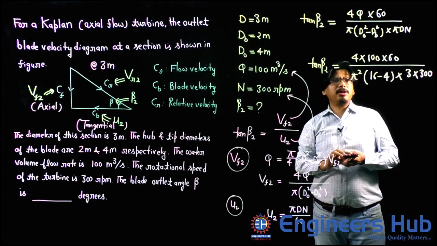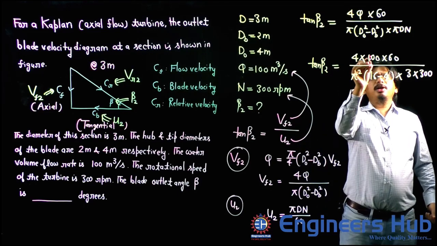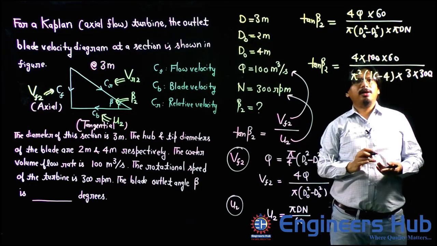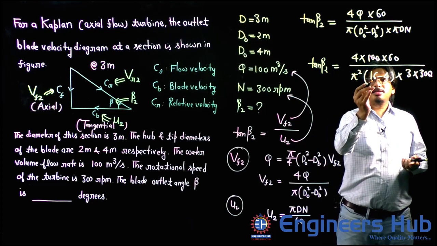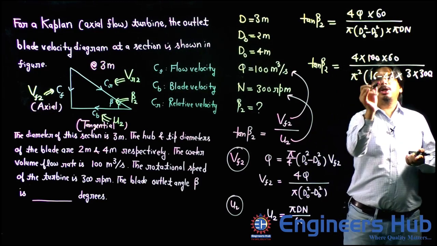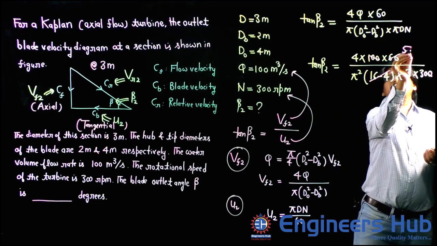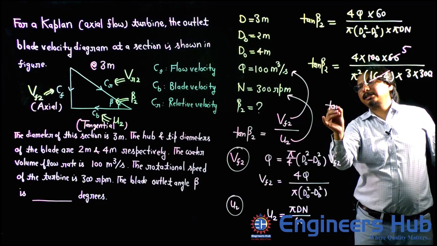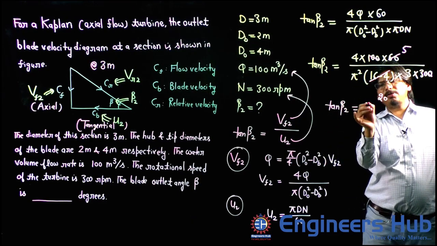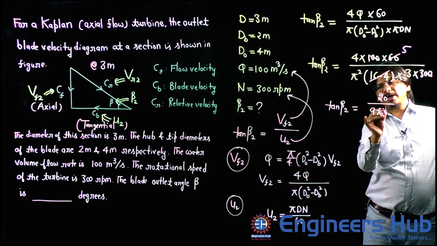My friends, if you observe a little bit of the calculation, 20 is getting cancelled. 16 minus 4 is 12, and 12 fives are 60. So what I'm getting, my friends? Tan beta 2 is equal to 4 fives are 20 divided by 9 pi square.